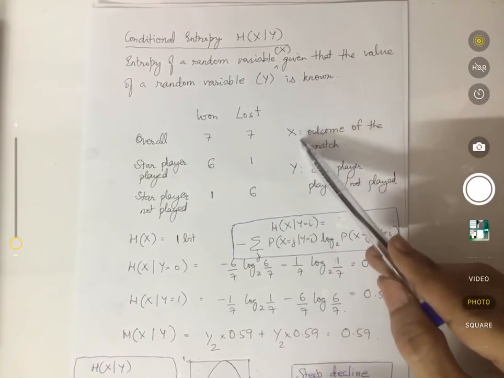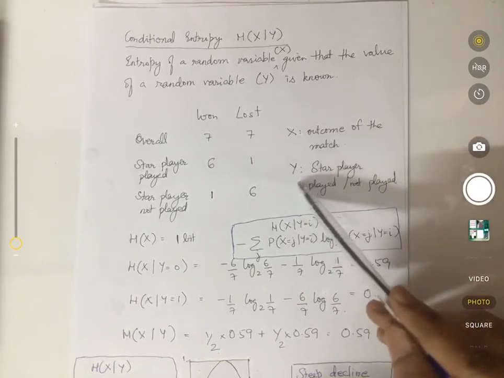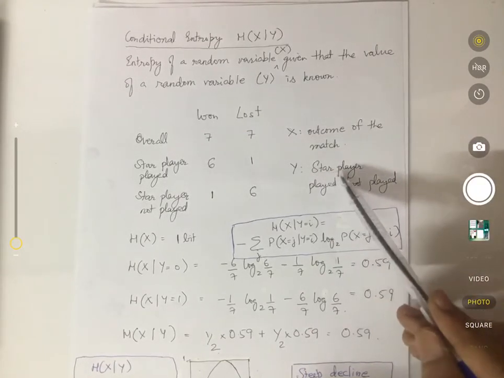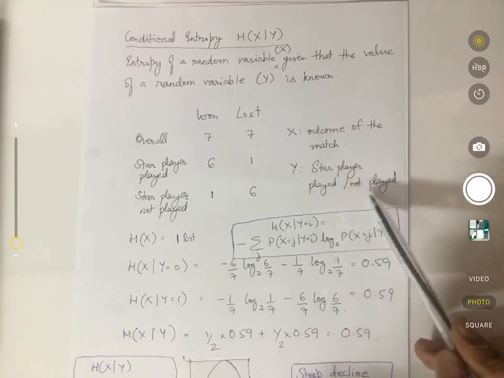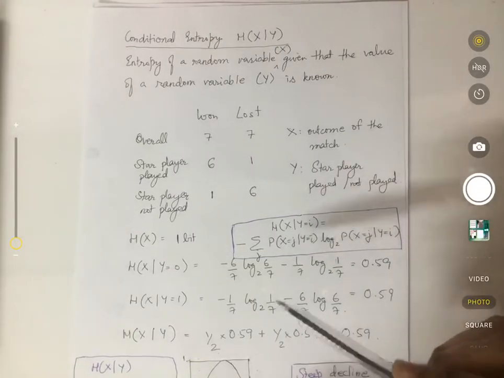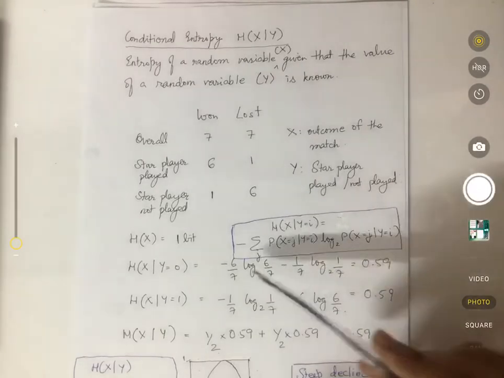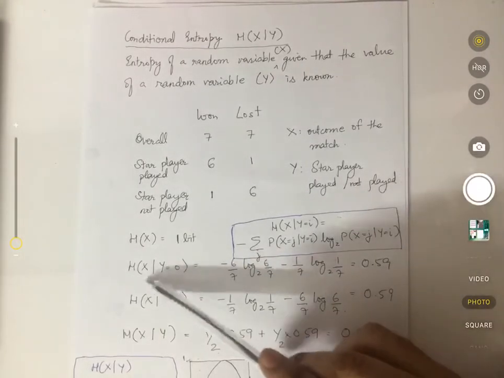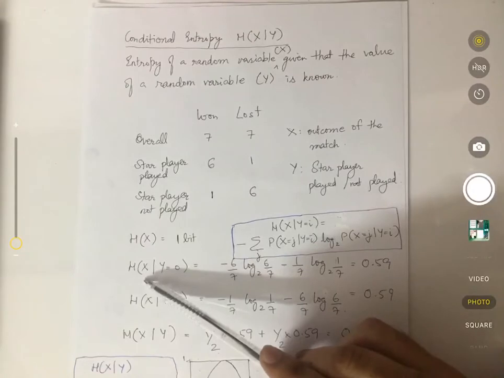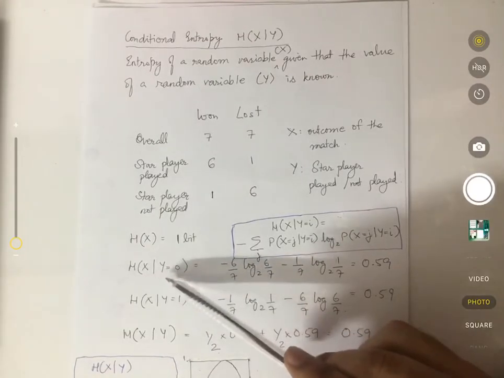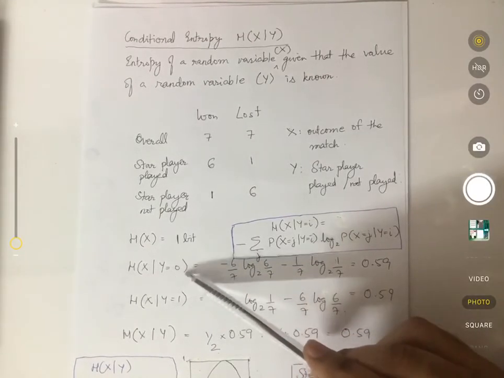Let's say that X is the outcome of the match and Y is the knowledge of the random variable representing whether the star player has played or not, right? So in this case, this is the entropy of X, the outcome of the match, given that the star player has not played, right?